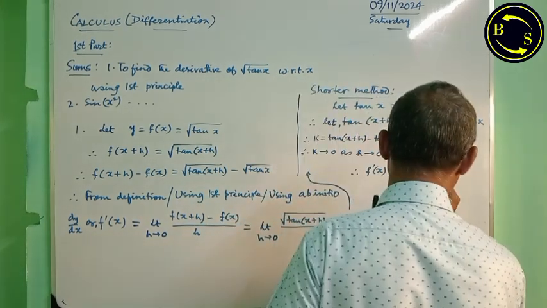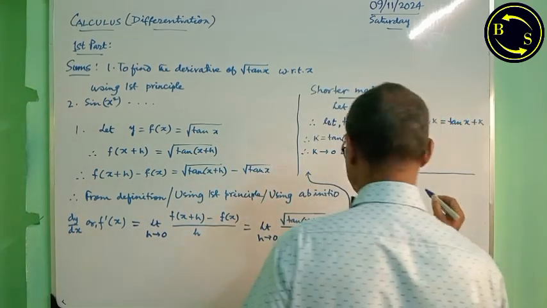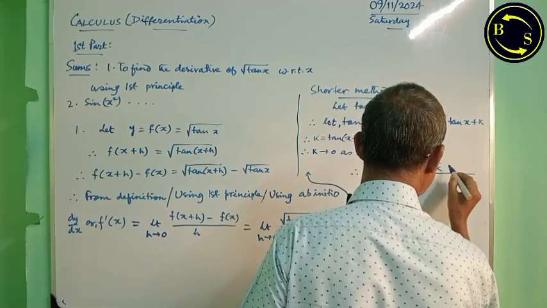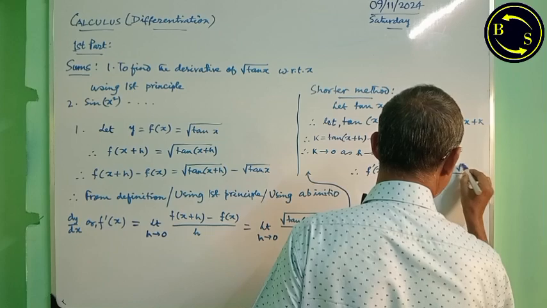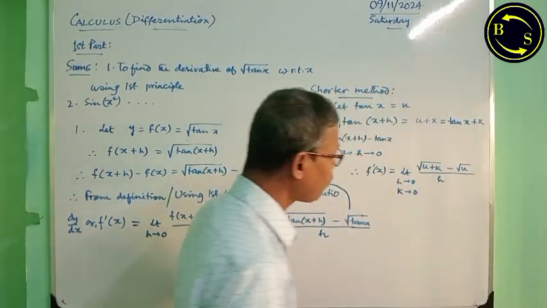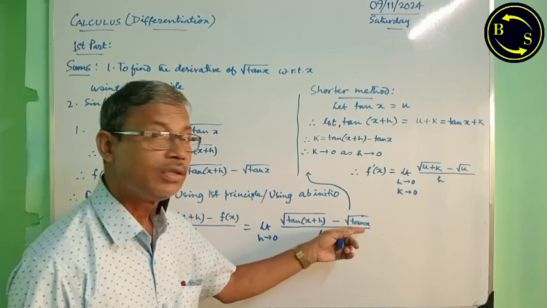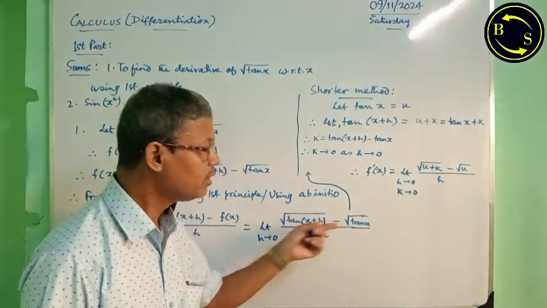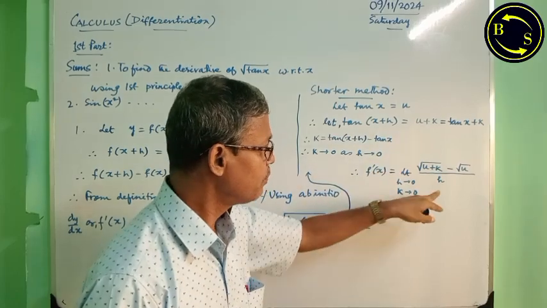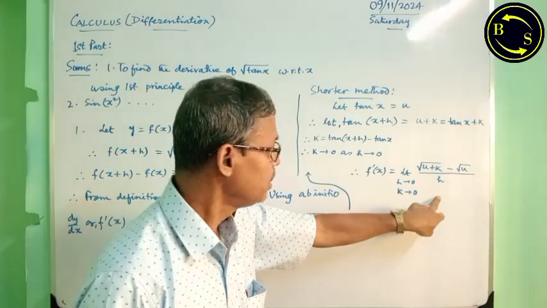I can write here root over u plus k minus root u by h. This is the long form; we have taken this, therefore the reduced form is this one.